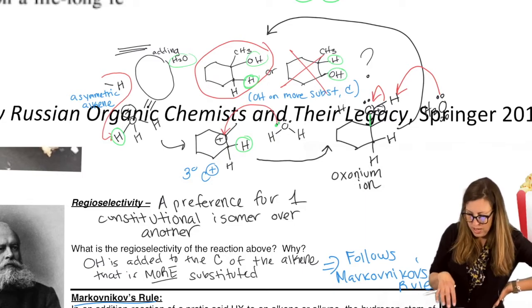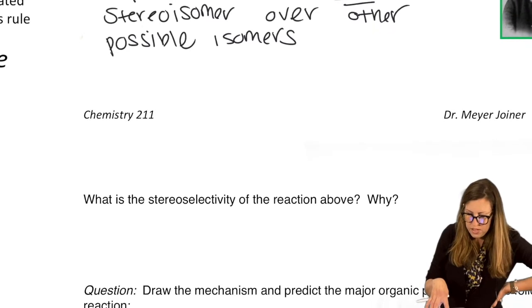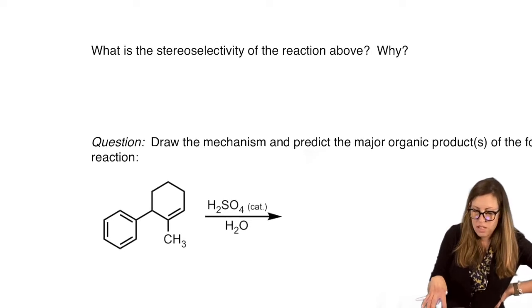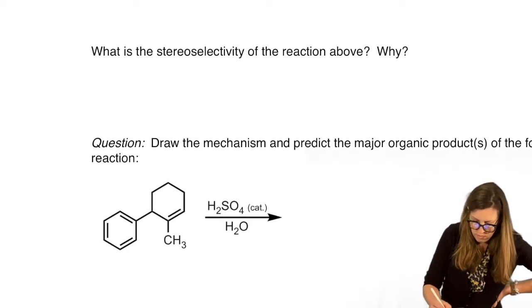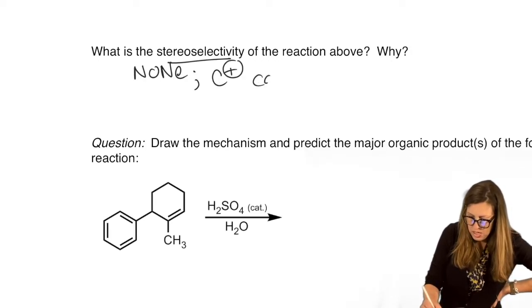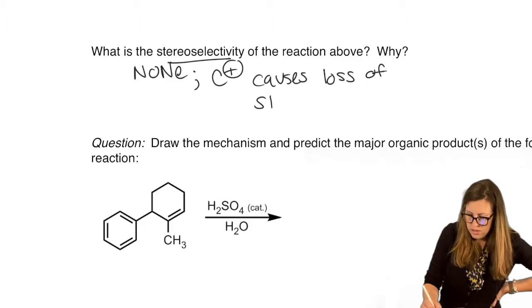So this particular reaction, we see no stereoselectivity. That means even if there was a stereocenter, the likelihood of getting both enantiomers is equal. So none, no stereoselectivity, because a carbocation causes loss of stereoselectivity.